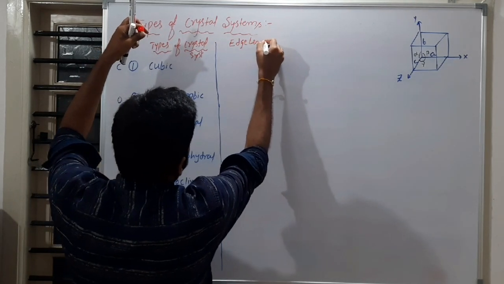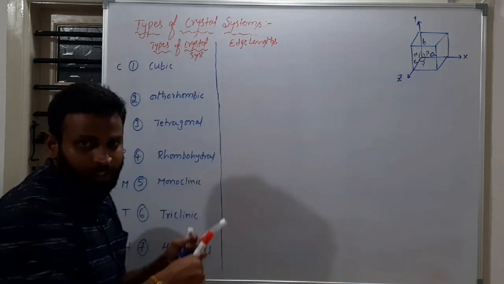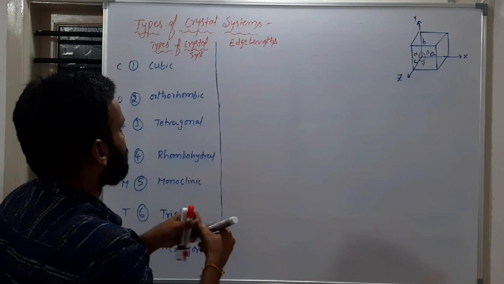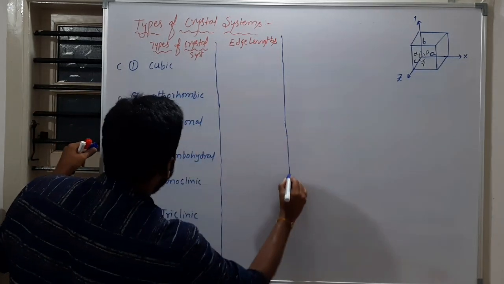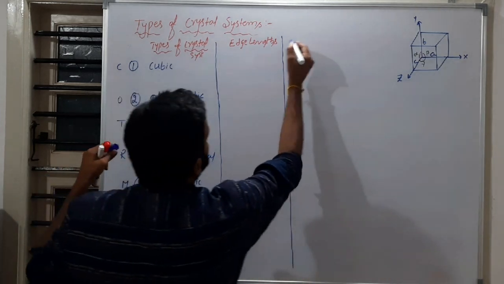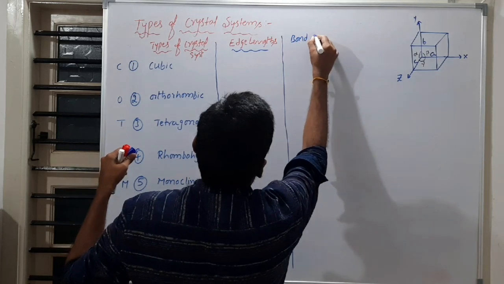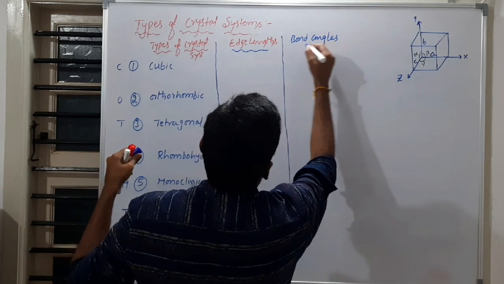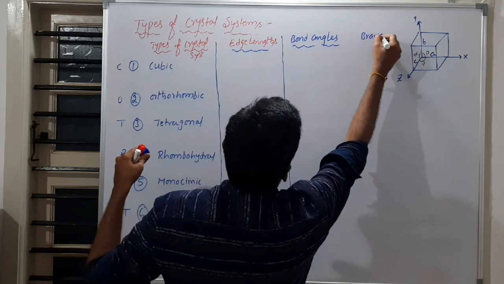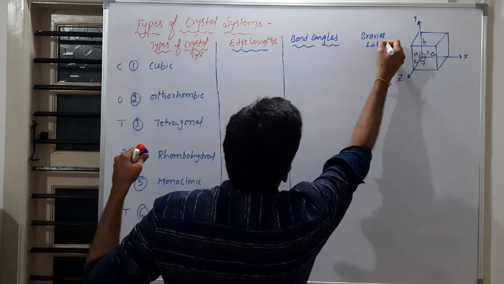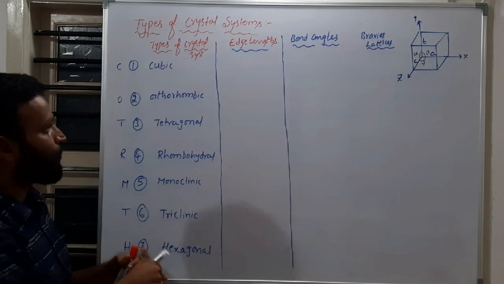Individually we will see what the edge lengths are for cubic, orthorhombic and tetragonal, like this. So after edge lengths, what I told you, bond angles. After bond angles I will give you some Bravais lattice. So let's see individually what the edge lengths are for cubic.